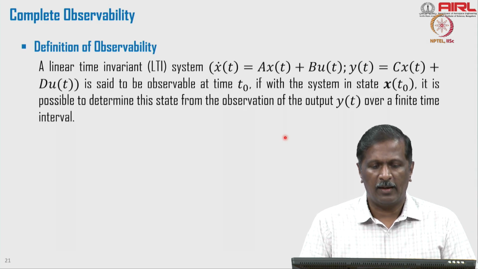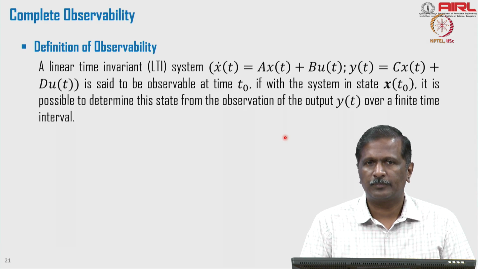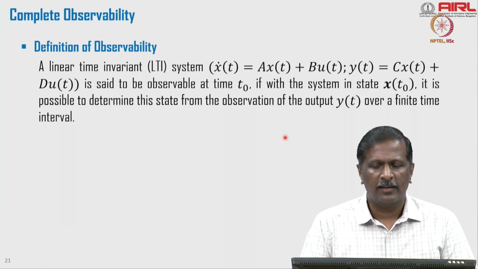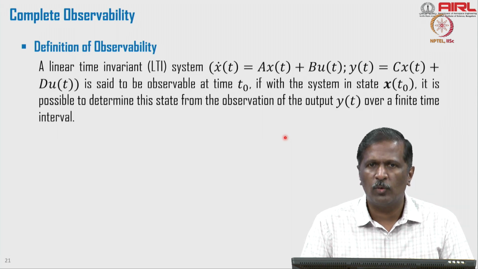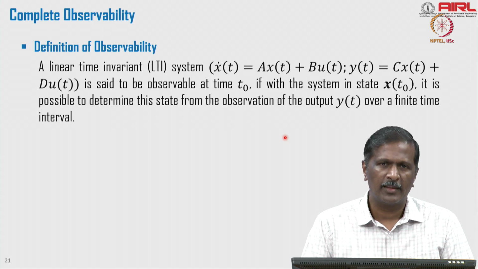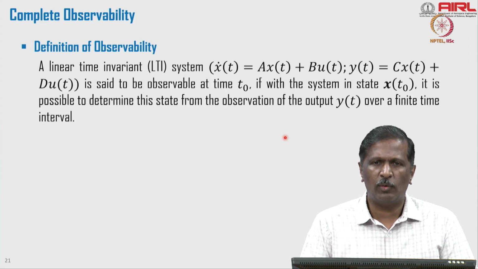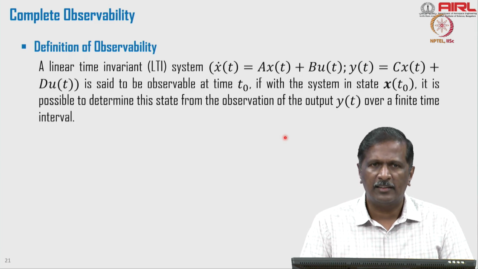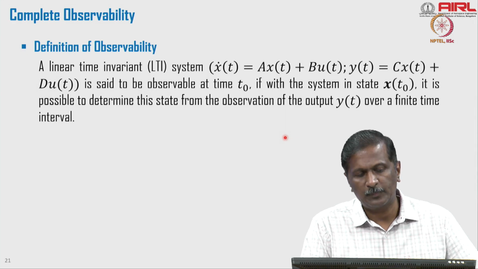The system is said to be observable at time t naught if it is possible to determine the initial state x of t naught from the observation y of t over a finite time interval. When I have observation y of t over a finite time interval, if I can determine the state x of t naught, then the system is said to be observable.